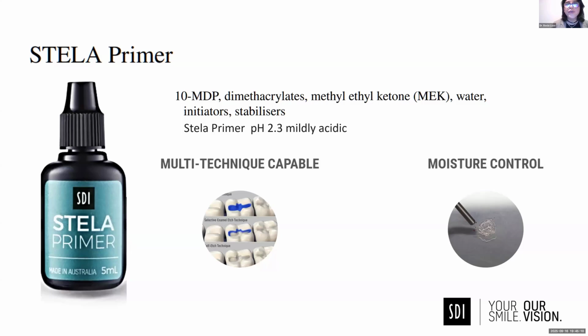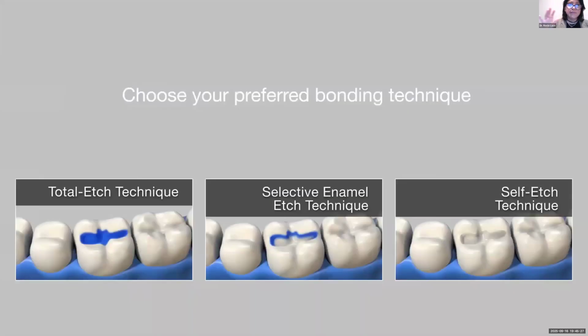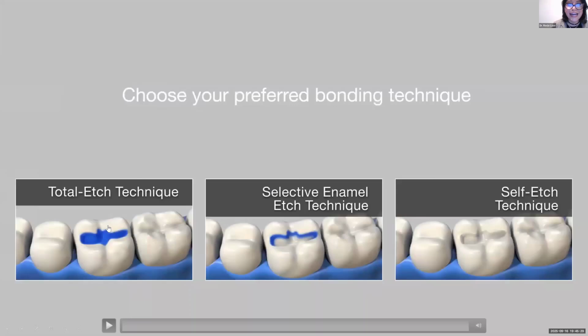With the Stella primer, you forget to use adhesive, forget to use orthophosphoric acid. But if you want to use it, it's possible because Stella works perfectly with multiple techniques. For example, if you want to etch the enamel and dentin, you can use Stella primer so well.